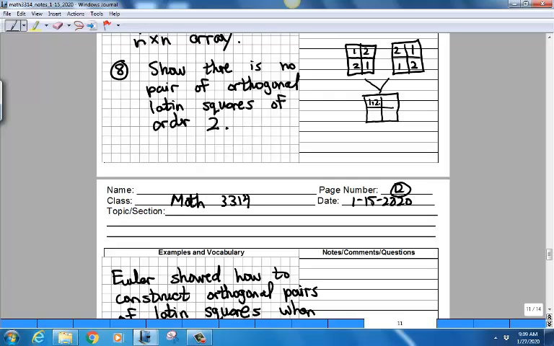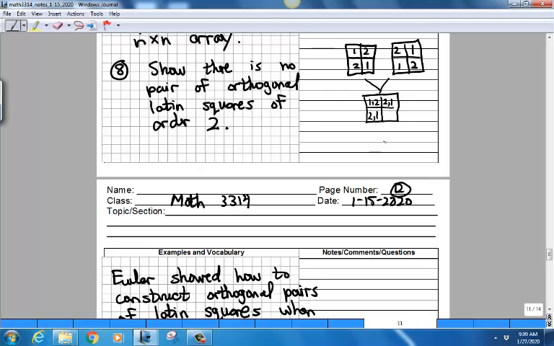We get 1, 2, and 2, 1. That is a different officer. And then here we get 2, 1 again. That can't happen, because that officer has to be in 2 places at once. So in that order it's not going to work.